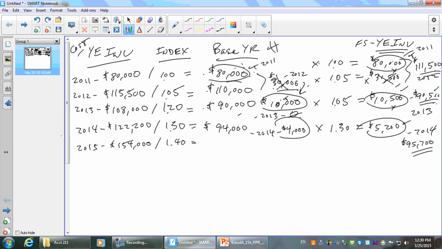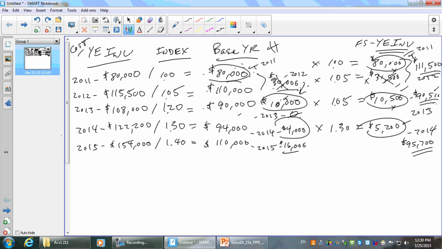Okay, what's 154 divided by 1.4? 110. All right. So do we have a new layer? How about 110 less 94? What do you got? So for 2015, we have a 16,000 layer. Okay.